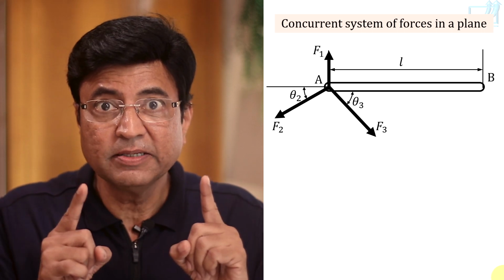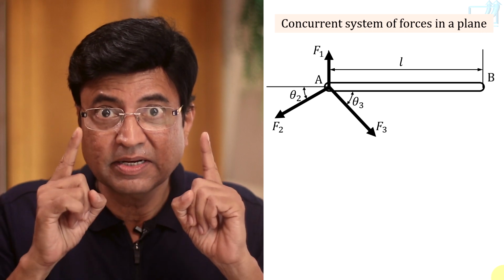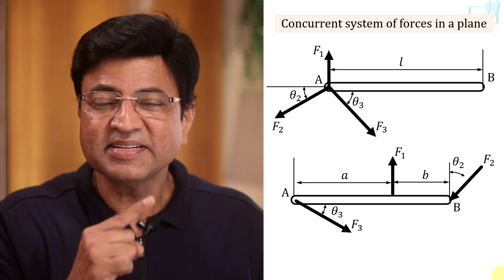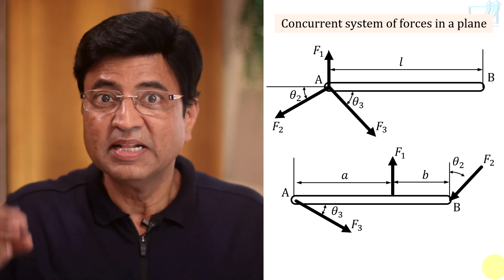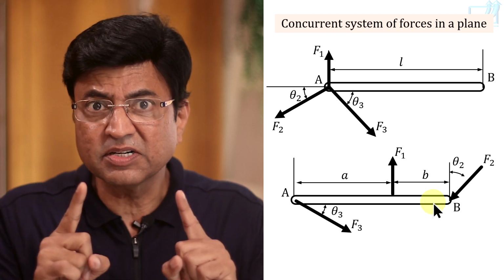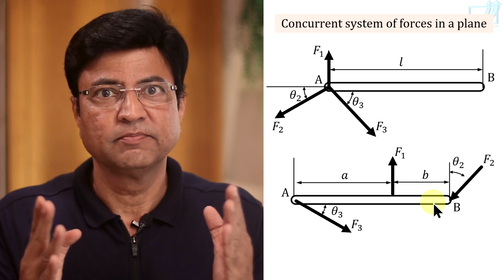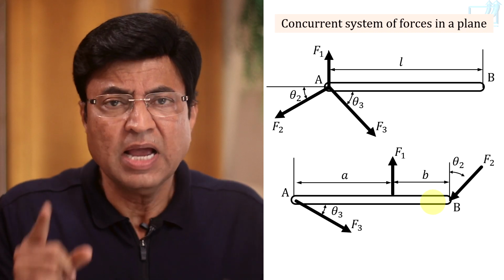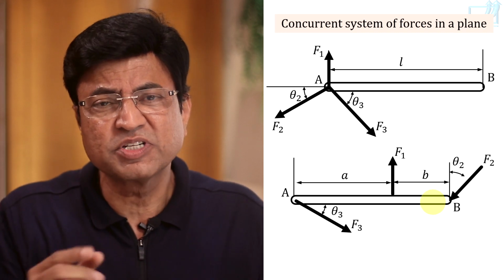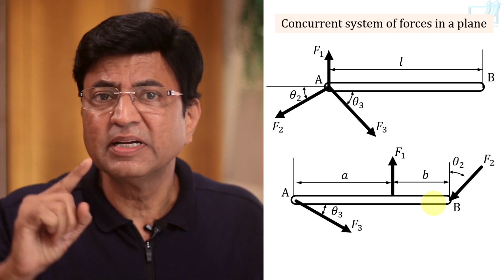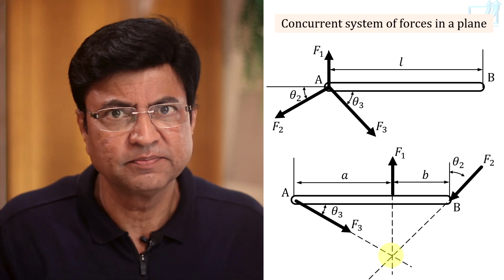What I mean to say, let's try to understand. Watch this diagram. In this diagram, on rod AB, there are three forces acting at three different points. Is it a concurrent system? Let's check it. If you extend the lines of all these three forces, and if lines of all the three forces meet or pass through one single point, then it is a concurrent system.